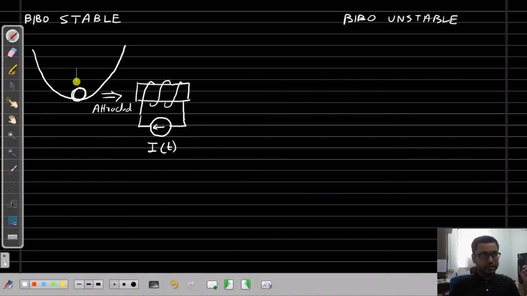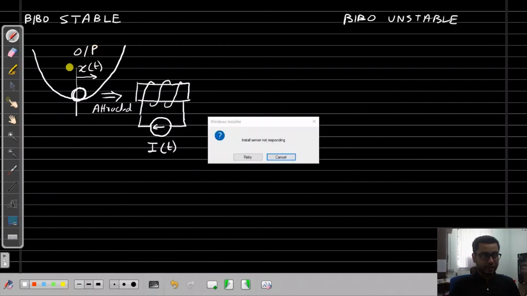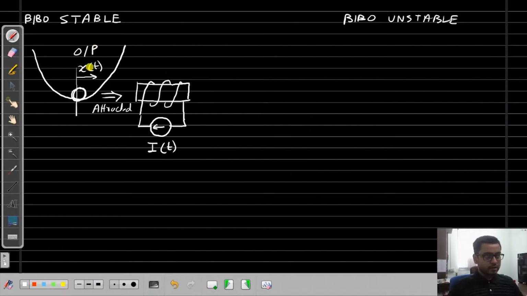So let me call the position of this ball in the horizontal direction x(t). This is the output. To be consistent, let me rather call it y(t) for the output, and this current is the input.